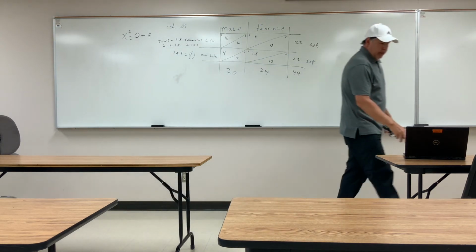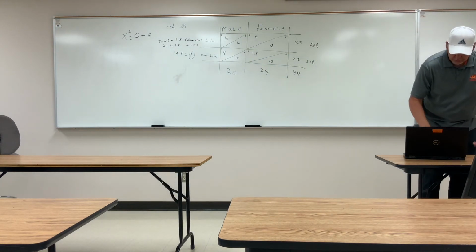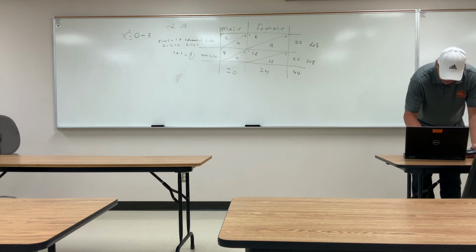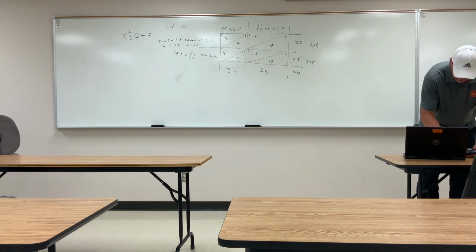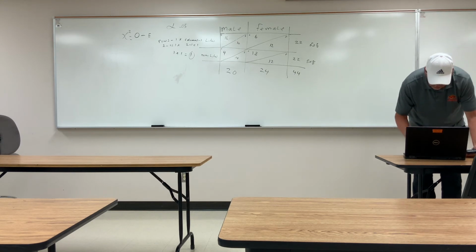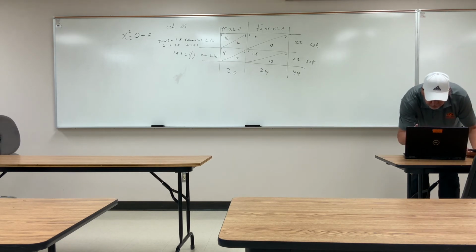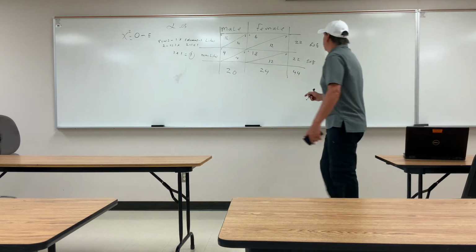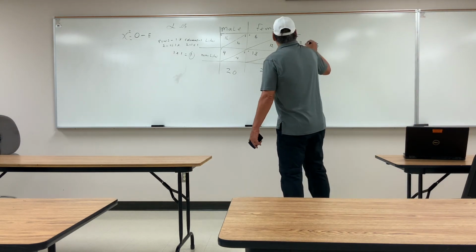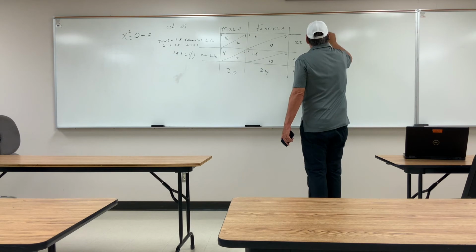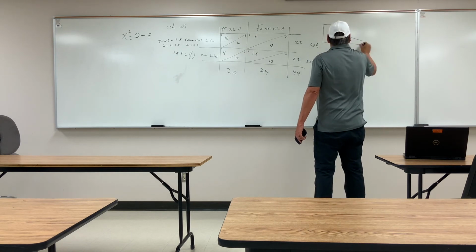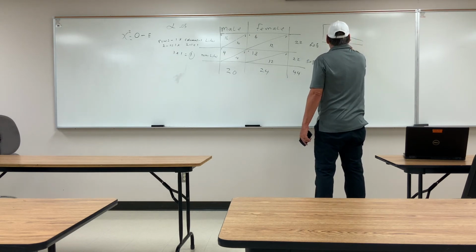So when I look at my table, one degree of freedom at the significance level of 0.05, I've got 3.84 for my critical value.